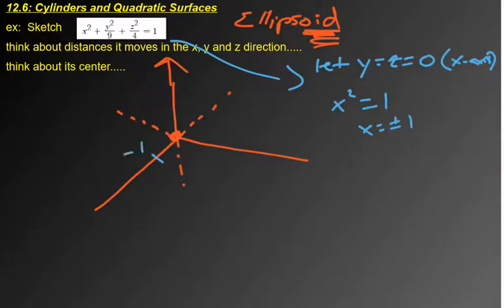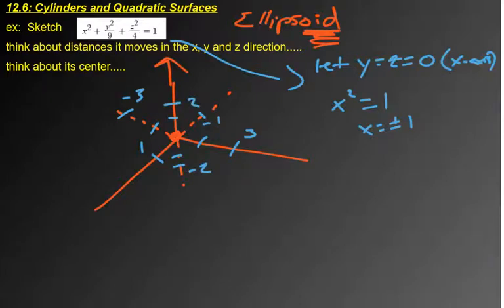Let me make that the -1. Basically, its direction in the x would be going out to 1 and -1. And you could do the same thing for y, and you would see that it goes out to -3 or 3. And then in z, it goes to 2 or -2.